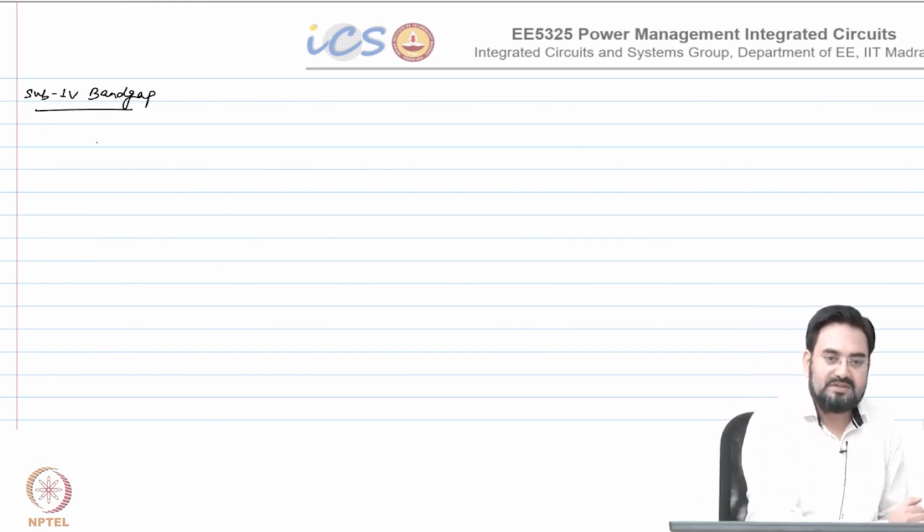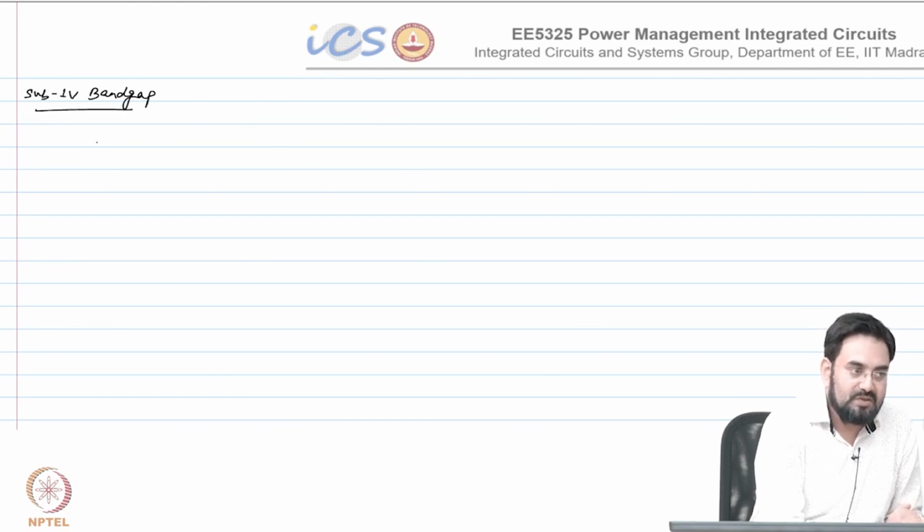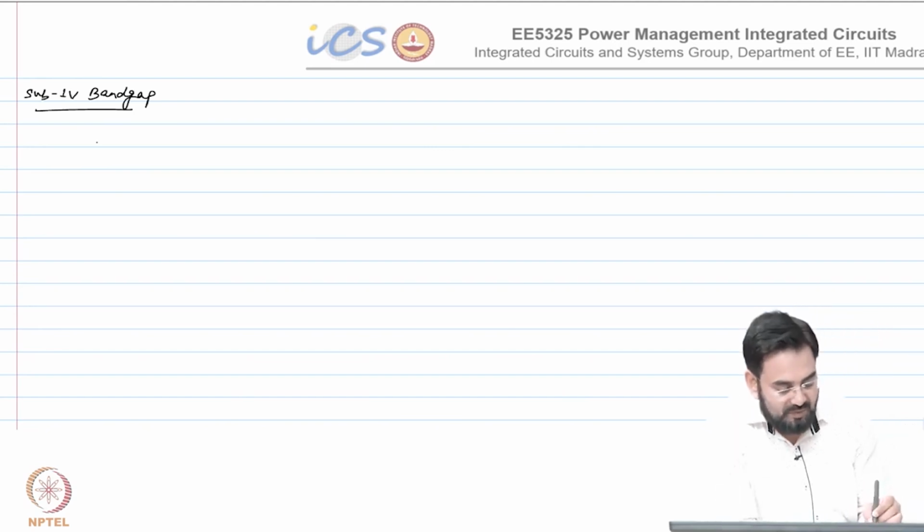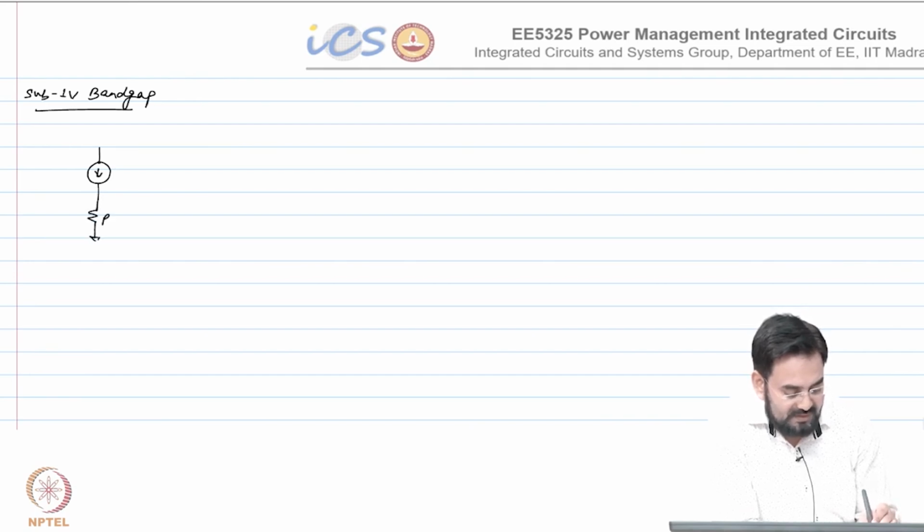So, we know that for sub 1 volt band gap you have to scale both delta VB and VB and add them up. So, what we need to do, we need to first convert into current. So, we need two currents. And let us say I call this resistor R3.